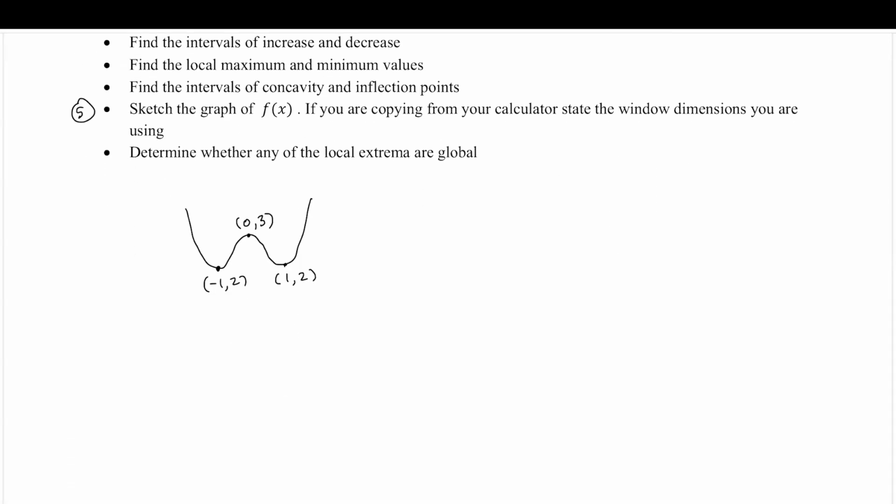Knowing that can help me come up with a decent window. If I were using my graphing calculator, you can start with a standard window, but sometimes that doesn't work that well. I want to go a little to the left and right of these critical number x values, the leftmost min and the rightmost min, so maybe 2 beyond that would be fine on the x.